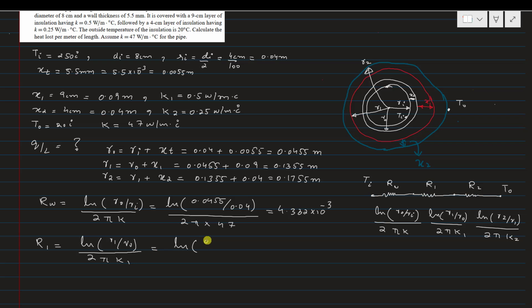That is 0.1355 divided by 0.055, divided by 2 pi K1. K1 is 0.5. So after simplification you will get the R1 value, that is 0.3474.